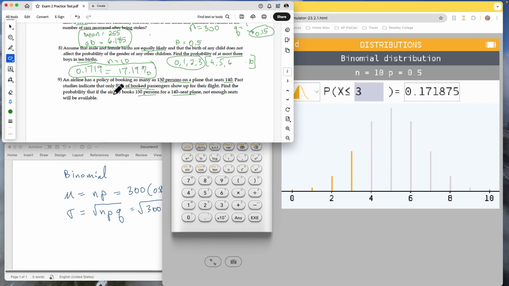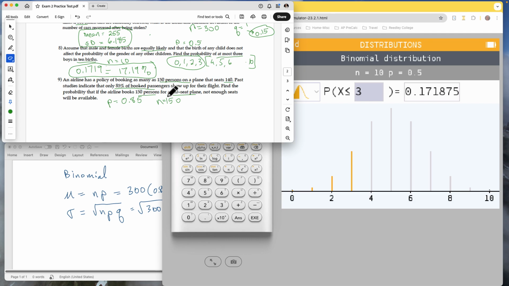This is binomial. People show up or they don't. So this is going to be probability of 0.85, right? They either show up or they don't. Q would be 0.15, but we'll see we don't need that for this. The number of trials, the number of people we're going to book, is 150. Those are the two values we need at the beginning.